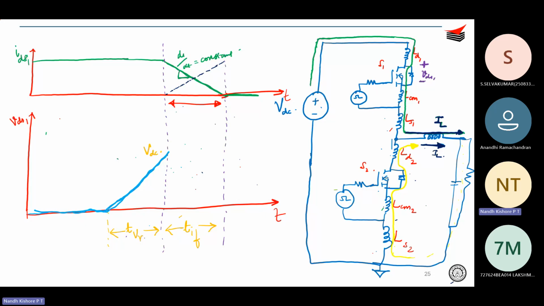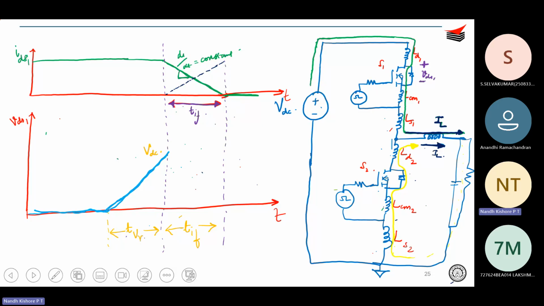So when there is a di by dt during this particular interval, the current fall interval, you cannot ignore these parasitic inductances. Okay. So what will happen to your VDS1?